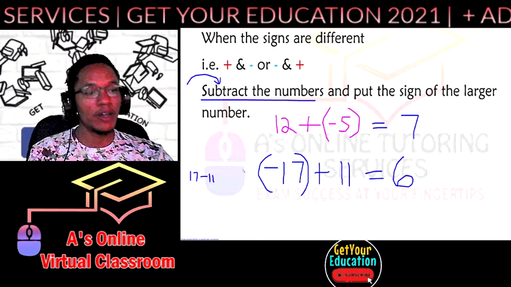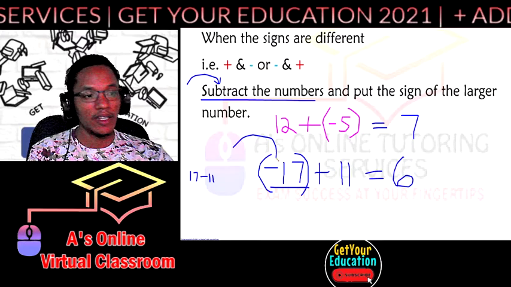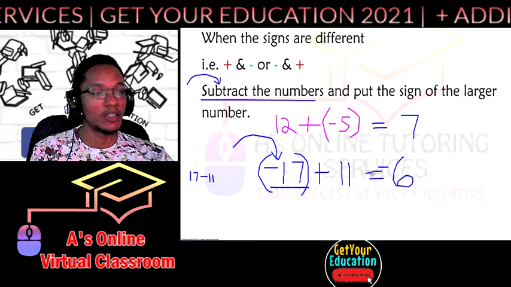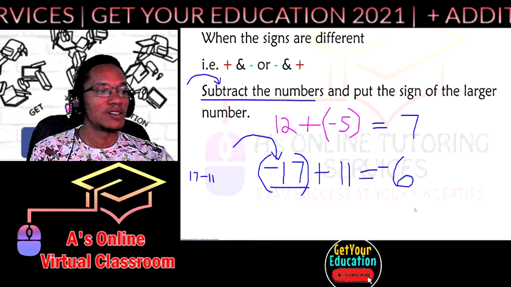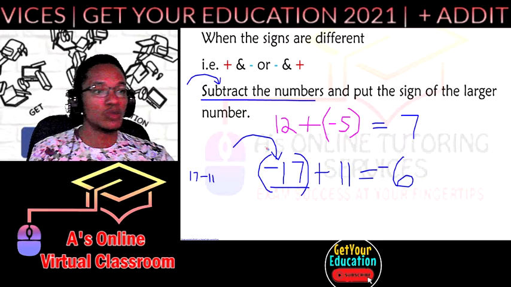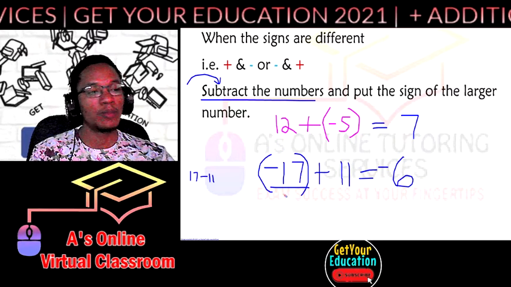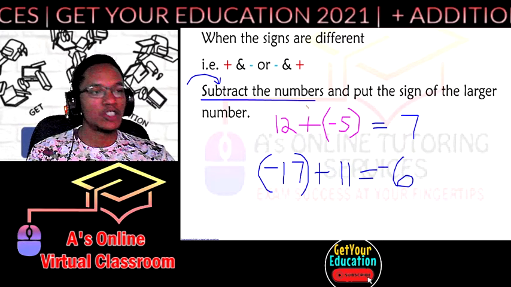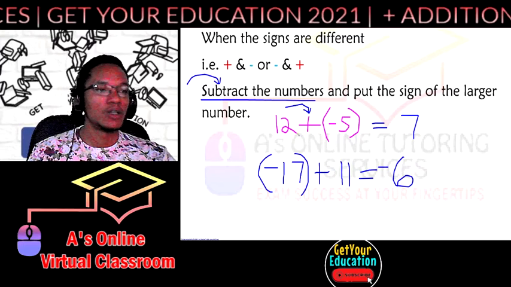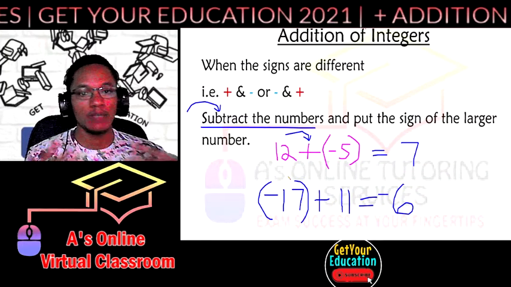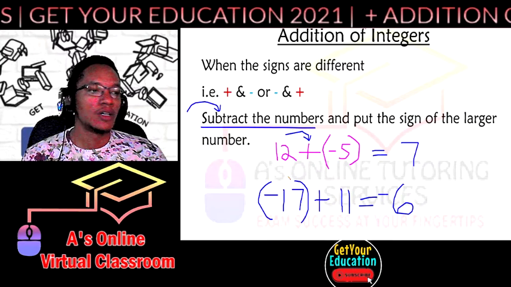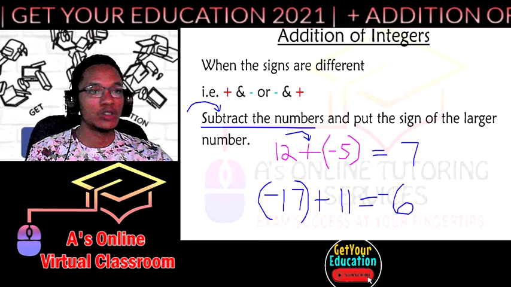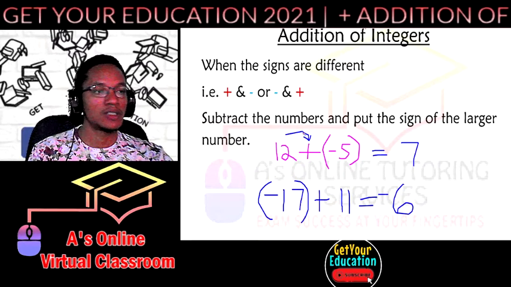And because the bigger number here is 17, which has a negative sign, we put a negative sign in front of the 6. Negative 6. And that's it. So take your time with this simple concept and try it with bigger numbers. Doesn't matter how big the numbers are. Once we have an addition sign in the middle of two numbers, this is the process you're going to take. If it's subtraction, it has a few rules that we will look at. And when it's multiplication, it is similar to what we do here. But we're going to do those in another mathematics tip.